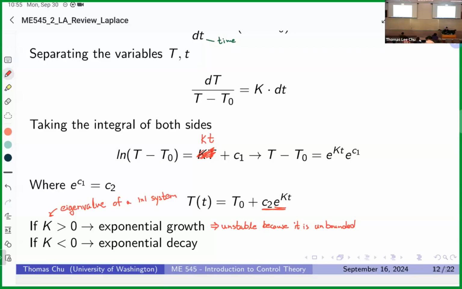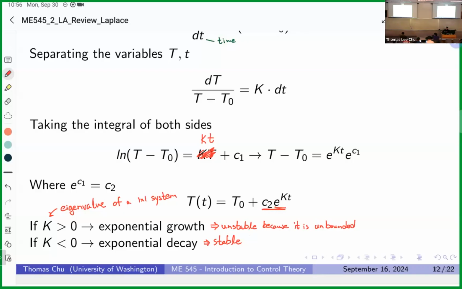So positive eigenvalue, it's unbounded. Negative eigenvalue, it's exponential decay and it's bounded. So then this means that this is stable. So this is how differential equations in linear algebra is related to controls. We use the property of eigenvalues to determine stability. Any questions?